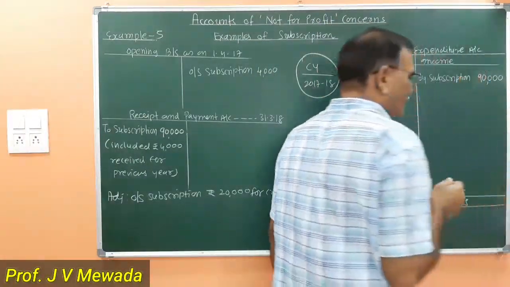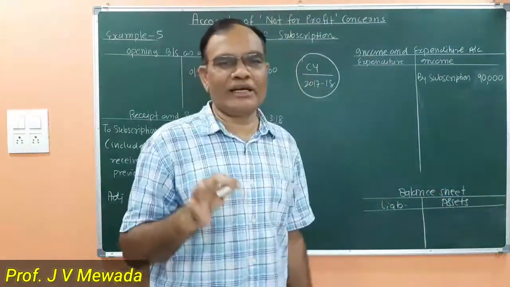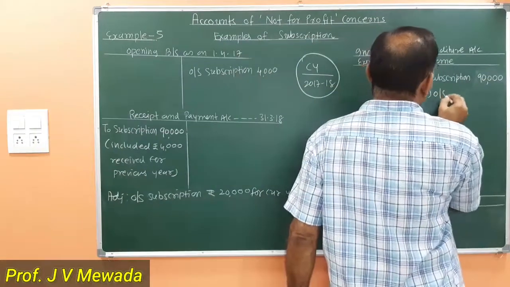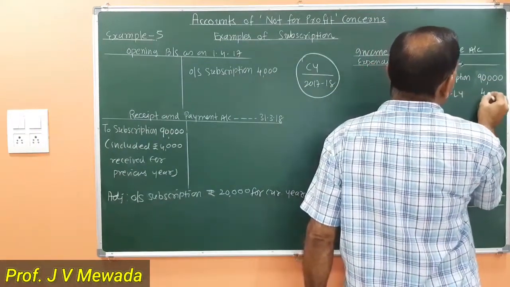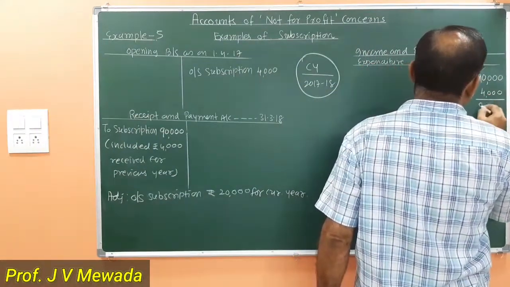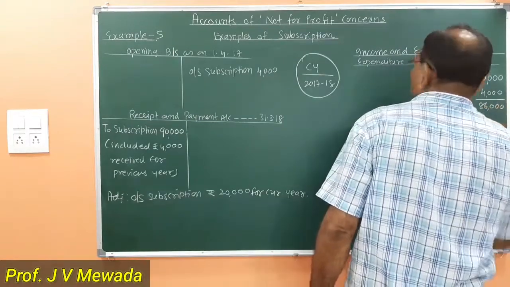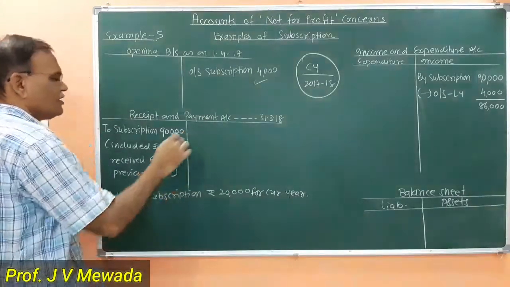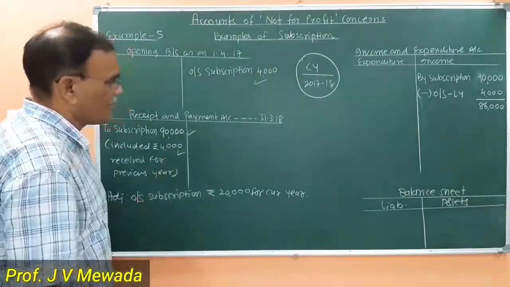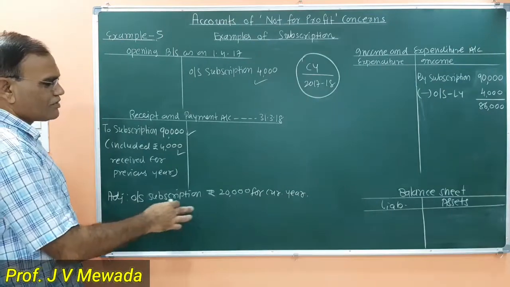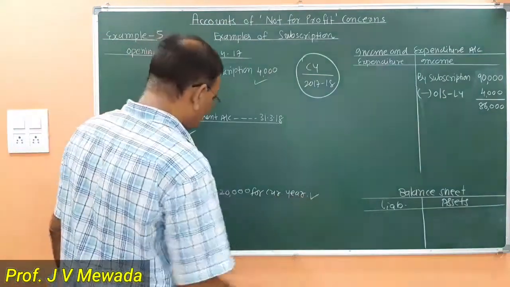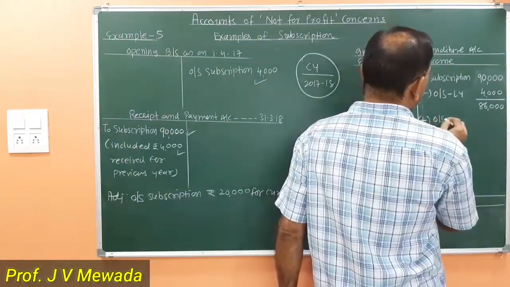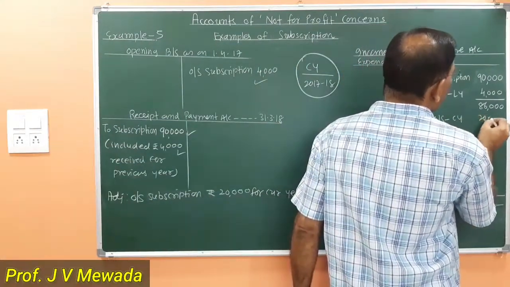नॉर्मली आउटस्टैंडिंग को हम क्या करते हैं? आउटस्टैंडिंग को करंट ईयर का तो हम ऐड करते हैं, तो ये लास्ट ईयर का है. तो माइनस आउटस्टैंडिंग ऑफ लास्ट ईयर 4,000. सो विल गेट अ न्यू फिगर 86,000. सो दिस सब्सक्रिप्शन 4,000 एंड 4,000 इज ओवर, 90,000 इज ऑल्सो ओवर. नाउ आउटस्टैंडिंग सब्सक्रिप्शन फॉर करंट ईयर. सो करंट ईयर का 20,000 है. सो एड आउटस्टैंडिंग ऑफ करंट ईयर 20,000.